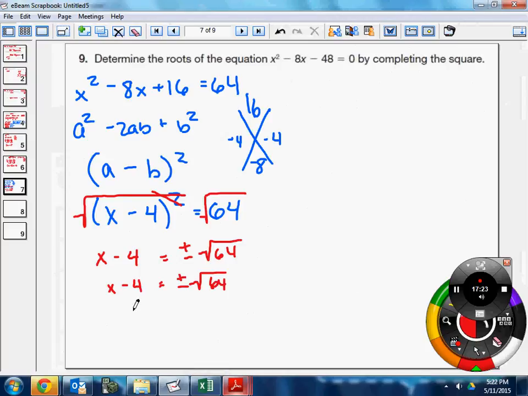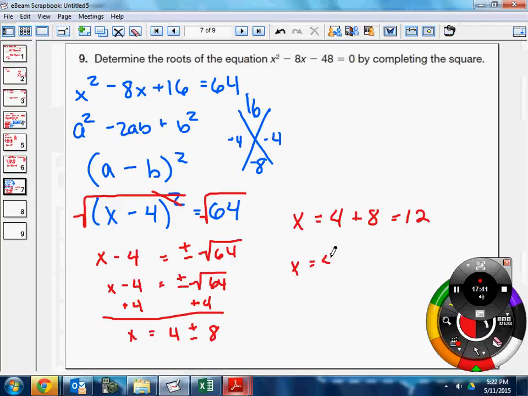Add 4 to both sides. So this is x equals 4 plus or minus 8, since the square root of 64 is 8. Well, 4 plus 8 is 12, and 4 minus 8 is negative 4. So these should be my two zeros.